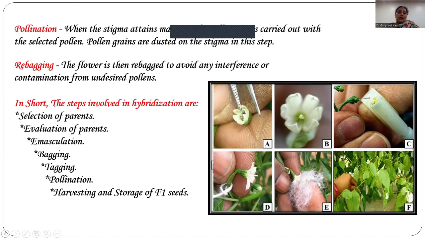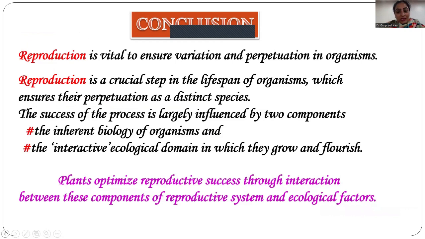To conclude my topic today, reproduction is very vital because it maintains the species. Without reproduction, there is a very small word, extinct, but a very big thing to consider. Extinct means that it is not there now. So reproduction is vital to ensure variation and perpetuation in organisms. It is a crucial step in the lifespan of organisms, which ensures their perpetuation as a distinct species.